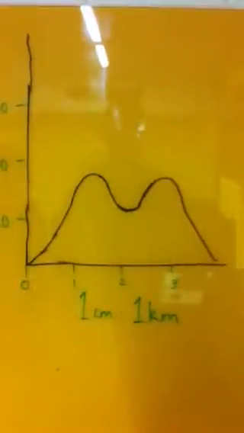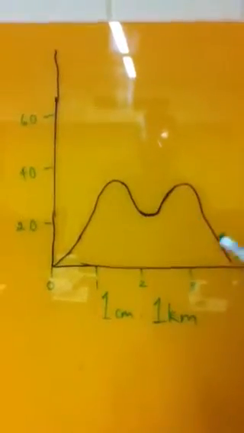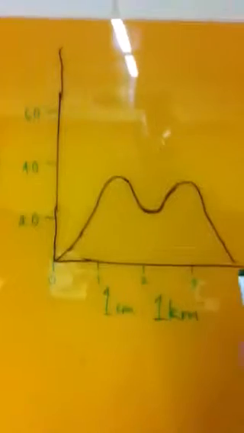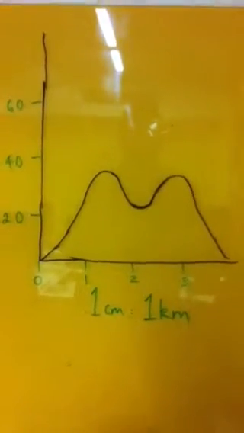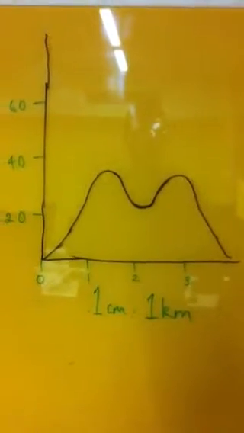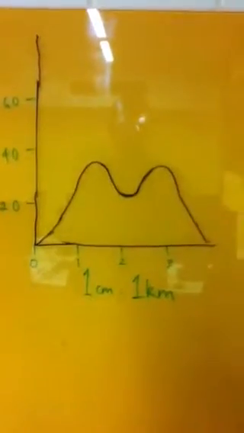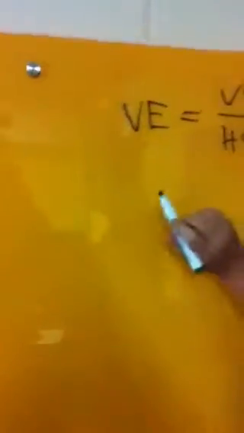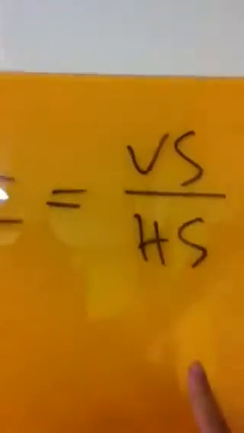We move over to demonstration number 2. So this landmass is exactly the same as the previous landmass, but it's just represented on a different scale, and we're going to work out how much it has been exaggerated. So we know that our formula is vertical exaggeration is the vertical scale over the horizontal scale.